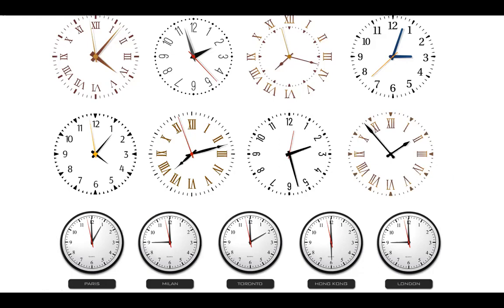So 6 часов, 6 часов ровно, if you want to say sharp. And the last one. 9 часов. Exactly, 9 часов.